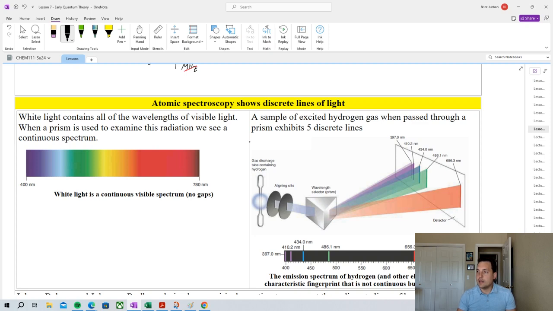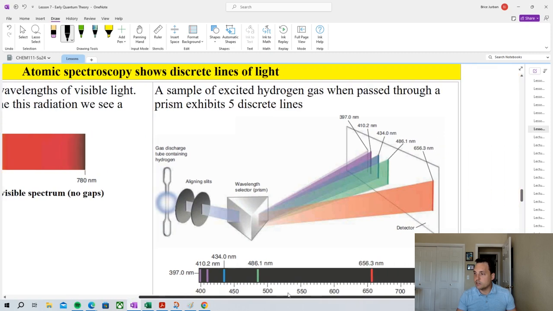However, when we take an excited elemental sample, say for example hydrogen gas, and we pass it through a prism, so I have a discharge tube containing hydrogen, and we have some aligning slits so that we can get all the wavelengths in a single line, pass it through a prism, we can then detect that instead of getting a continuous spectrum, we get 5 discrete lines in the visible light spectrum.